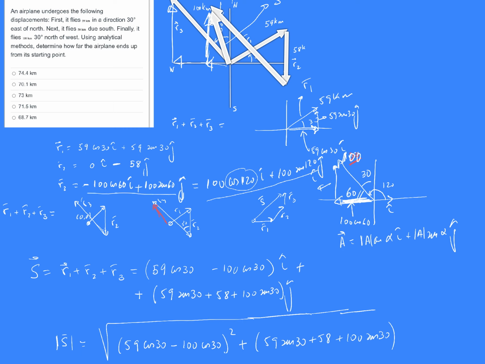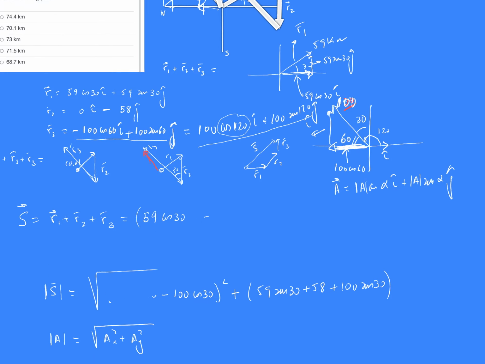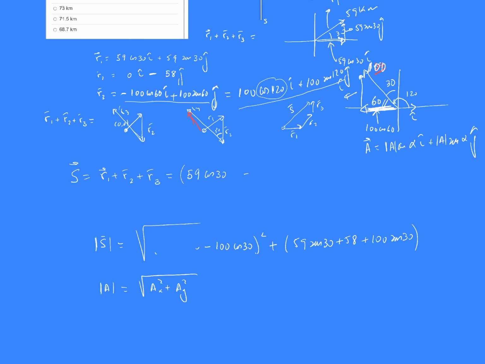Now I have to do the sum. Let's do the sum. And because I made a mistake here, let me erase everything here. If I make the sum, and later I see the components of the sum, and later I apply the Pythagorean theorem, I'm done. Let's erase all this. Okay, so what is the sum?